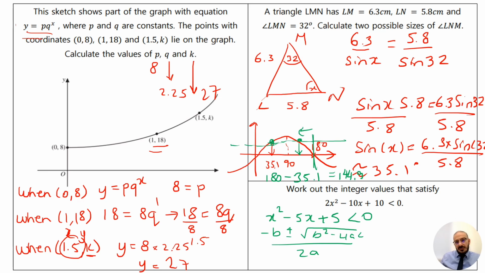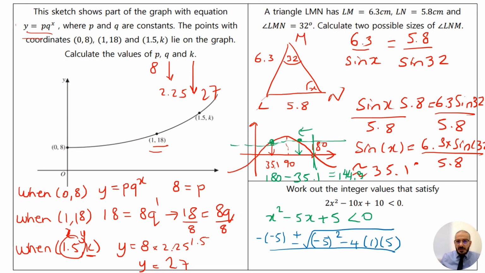When I substitute these values into my formula, it's going to look like this: negative 5 squared minus 4 times 1 times 5, divided by 2a, which is 2 again.